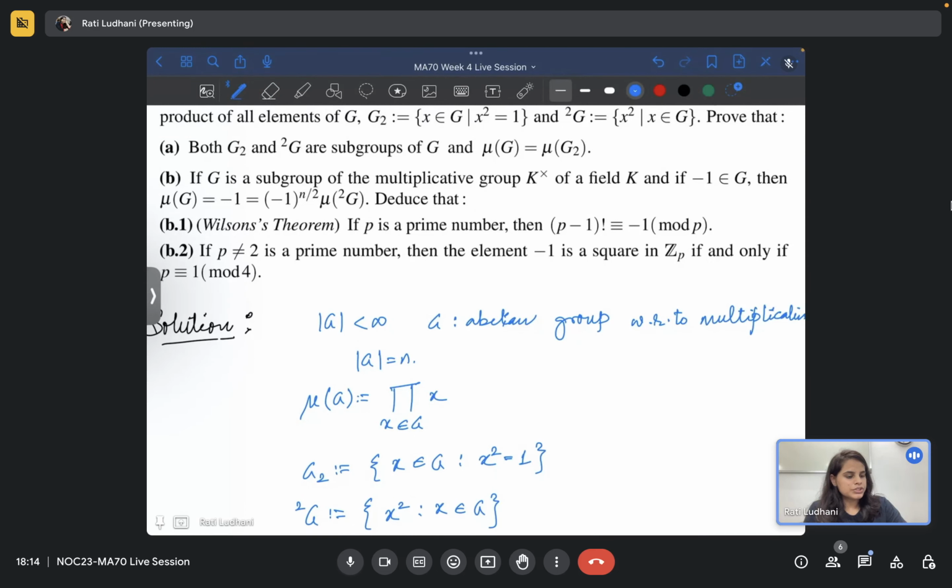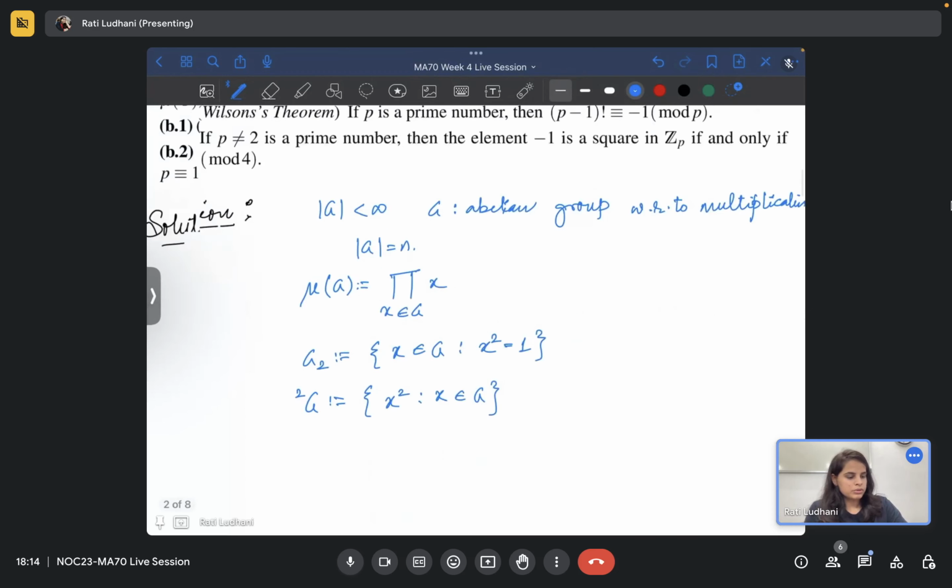Prove that G2 and 2G are subgroups of G and mu G is equal to mu G2. Let's see.